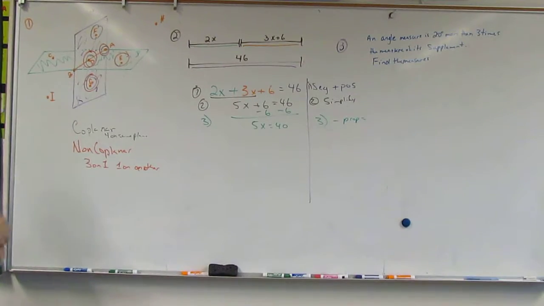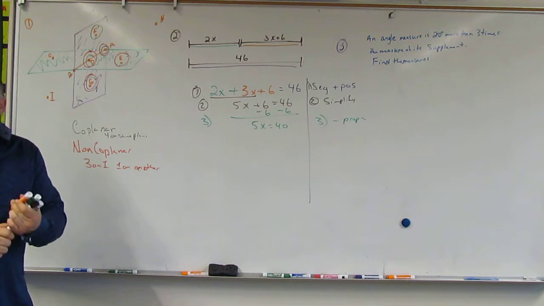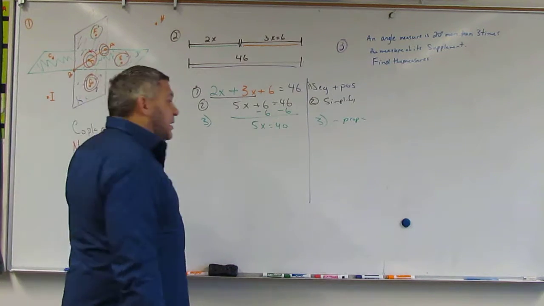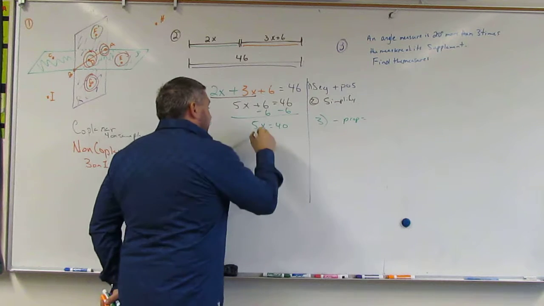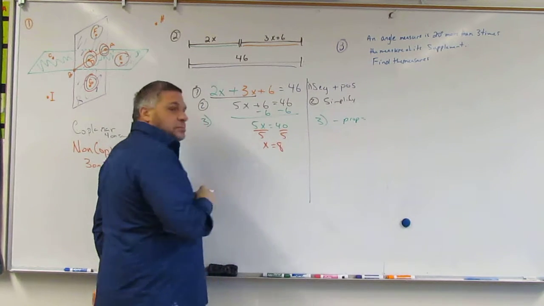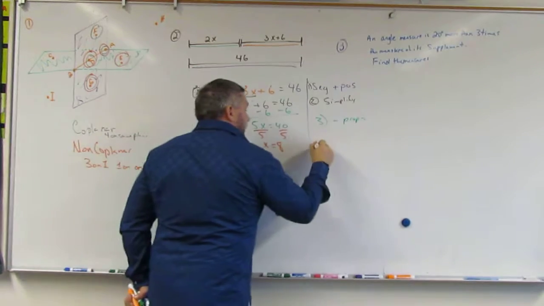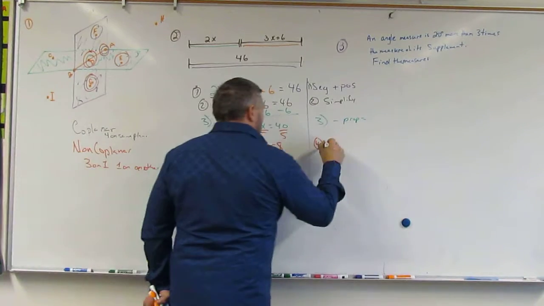This stuff should just be rolling. This shouldn't be a hard test. It really shouldn't. Okay? Alright, then divide by 5. X equals 8. Okay? And so I get step 4 was what property? Division property. There you go.